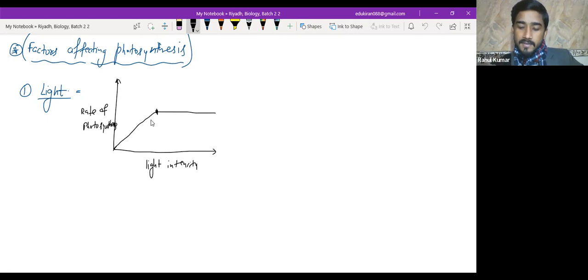At higher intensities, rate of photosynthesis saturates.